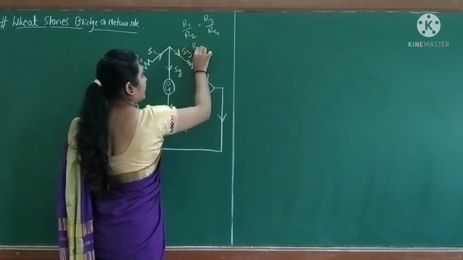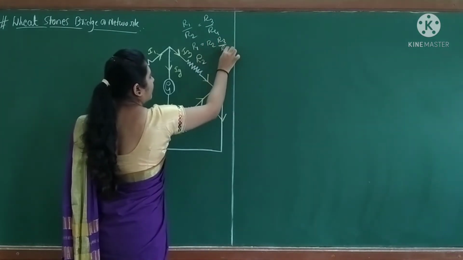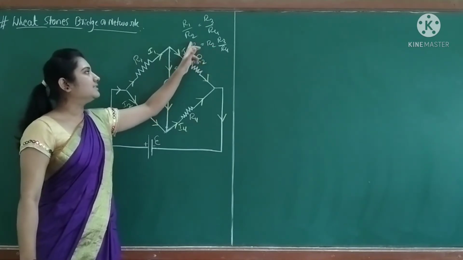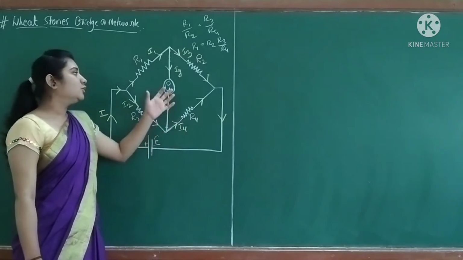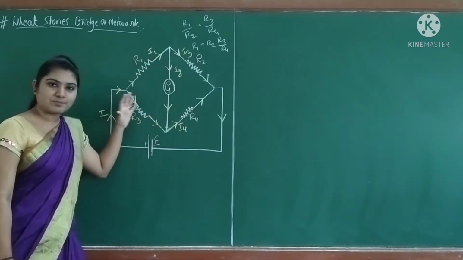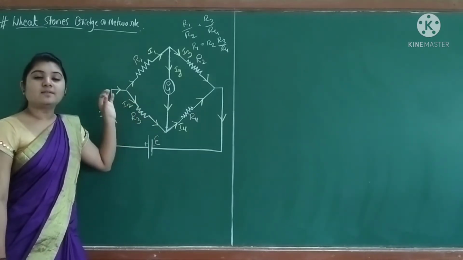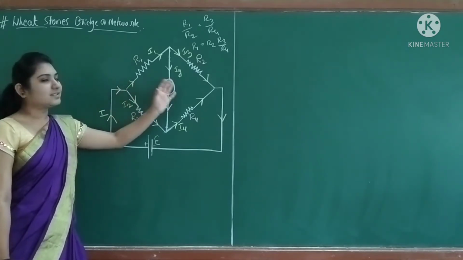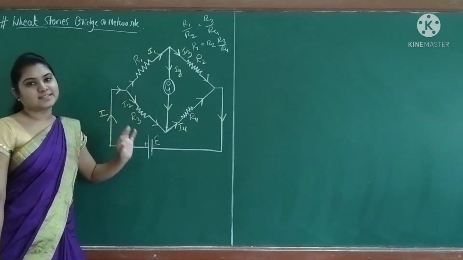So you can easily write R1 is equal to R2 into R3 divided by R4. By using this Wheatstone's bridge, we get one mathematical formula that we use to compare the resistance or to determine the unknown resistance.